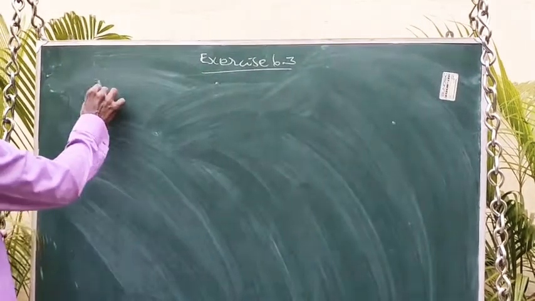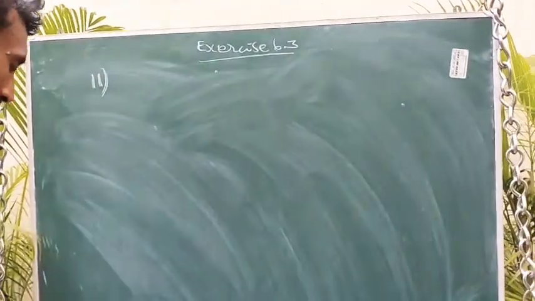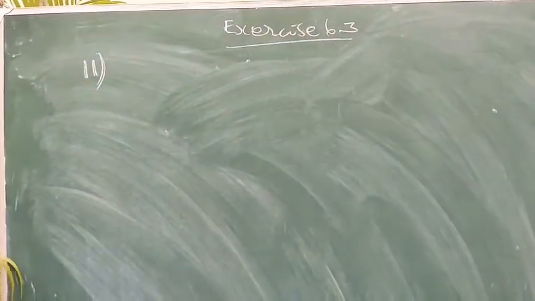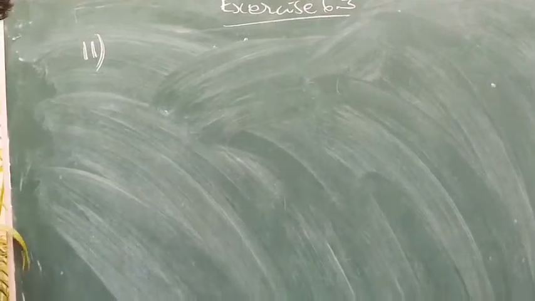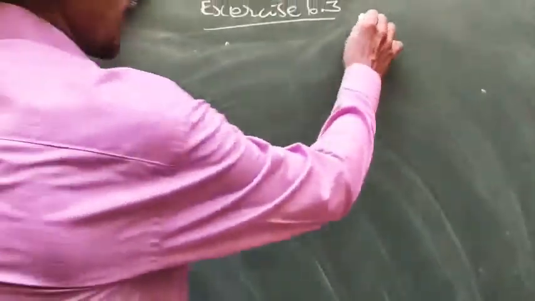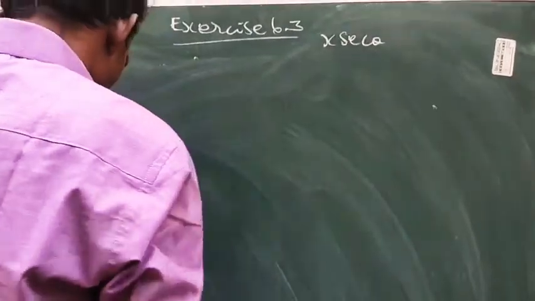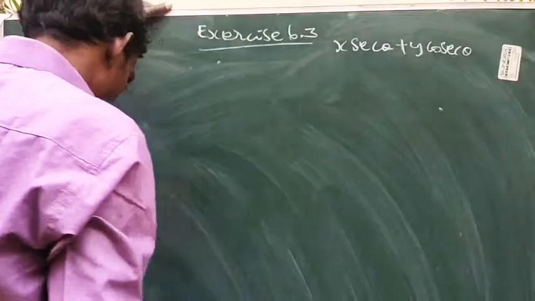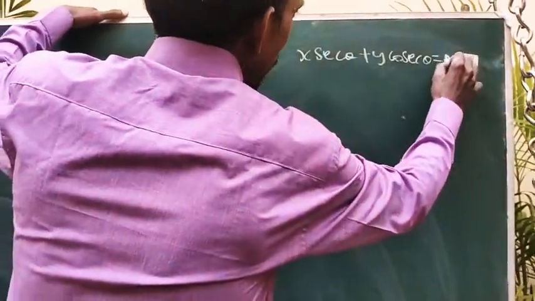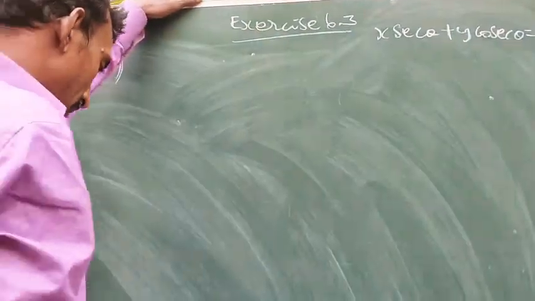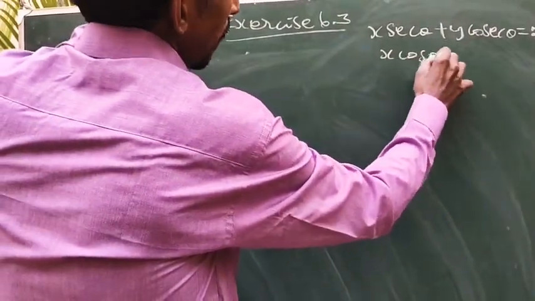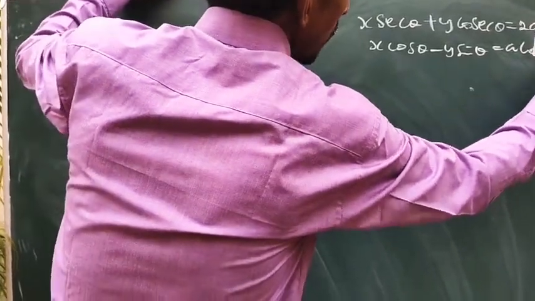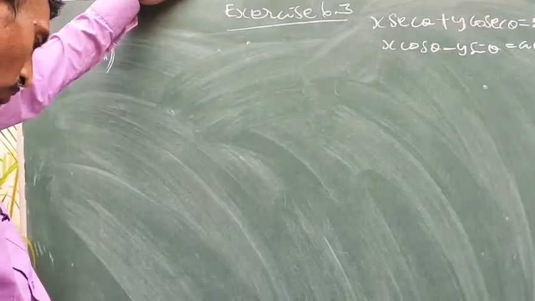Question number 11 in exercise 6.3. The question is, if small p1 and p2 are the lengths of the perpendiculars from the origin to the straight lines, the first one x secant theta plus y cosecant theta is equal to 2a, and the second straight line x cos theta minus y sin theta equal to a cos 2 theta.